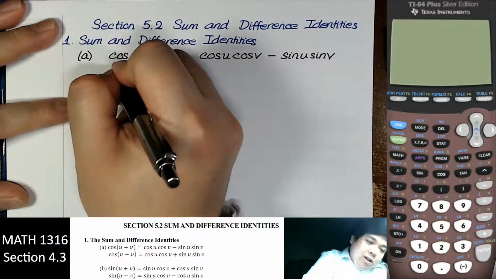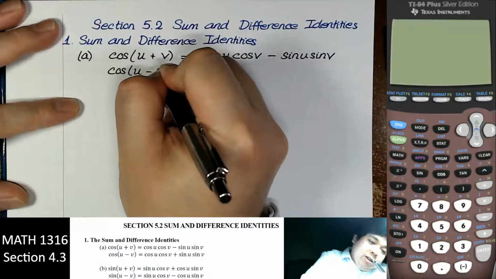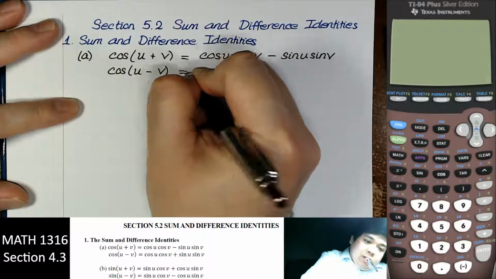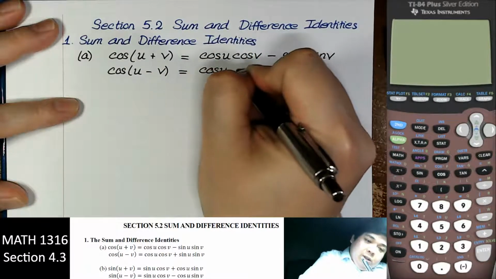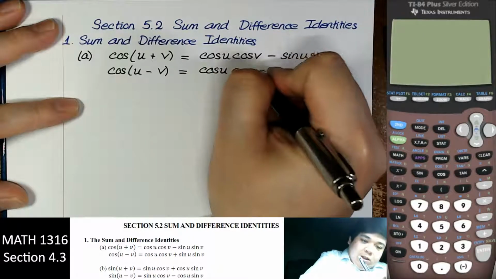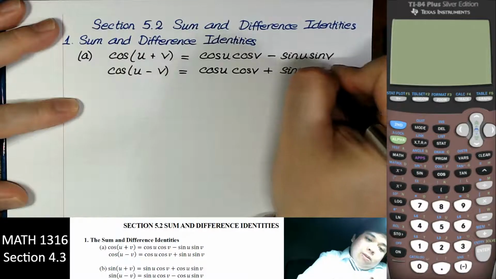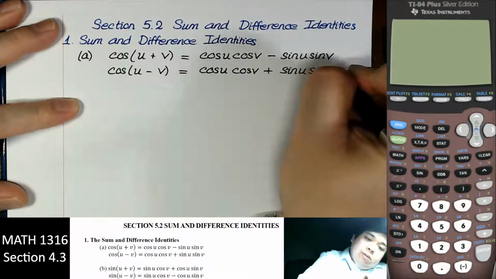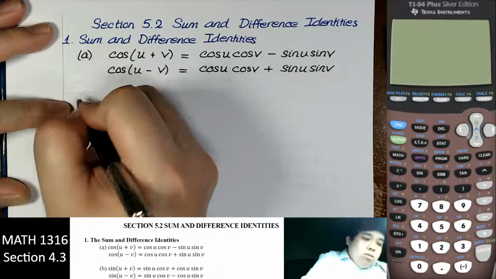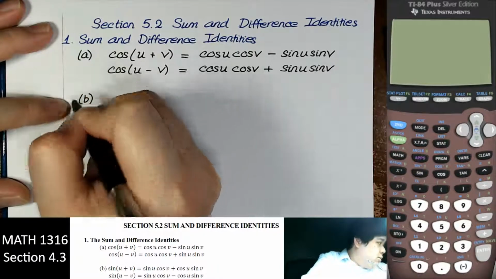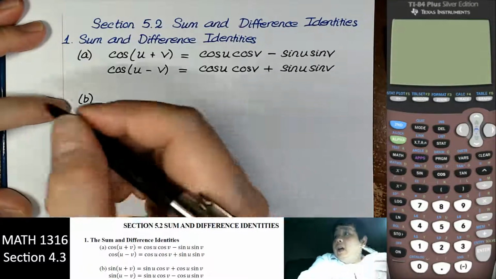And then cosine of a difference, cosine plus, right, and then sine.